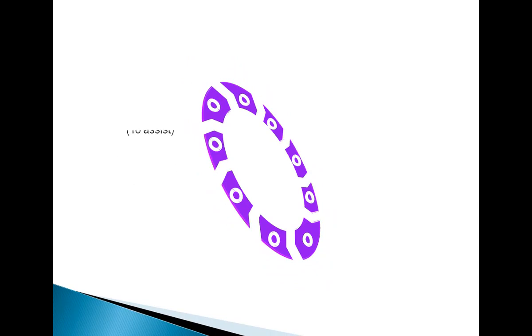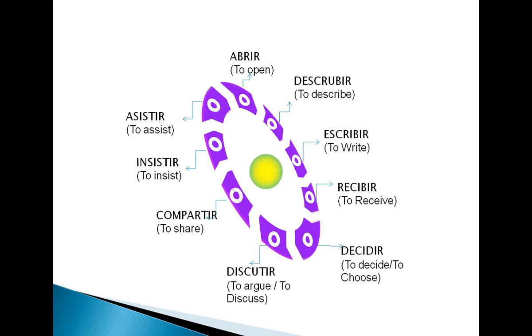Asistir, to assist. Alright, so these are the verbs that we have to practice. Yes, there are many more, but these are the ones we'll start with. Abrir, descubrir, escribir, recibir, decidir, discutir, compartir, insistir, and asistir.